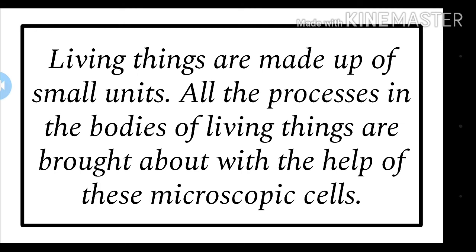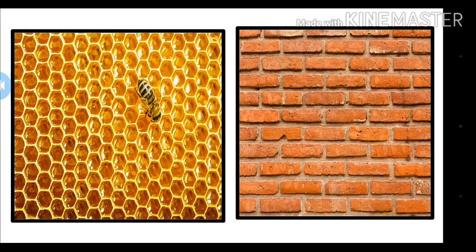All these cells are very important. We cannot see these small units or microscopic cells with our naked eyes. Now I'll give you an example. In the first picture, you can see that there are small rooms in a honeycomb, and when all these rooms come together, a honeycomb is made.